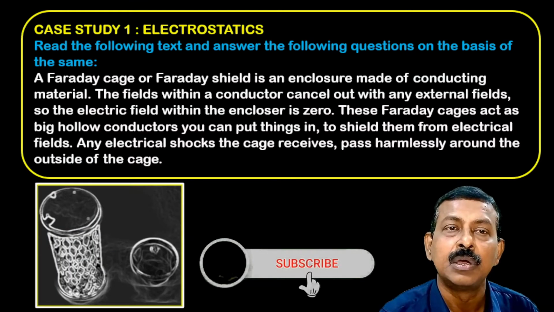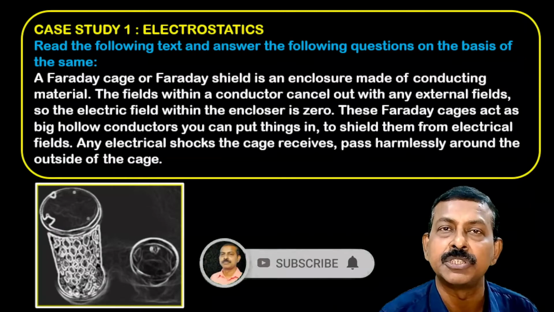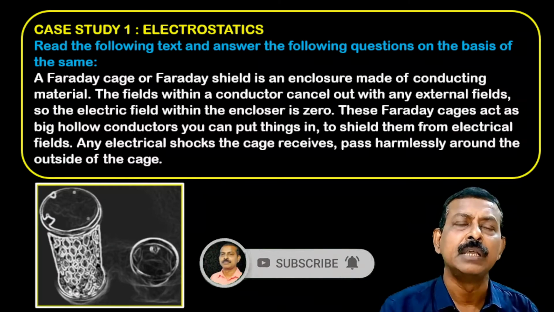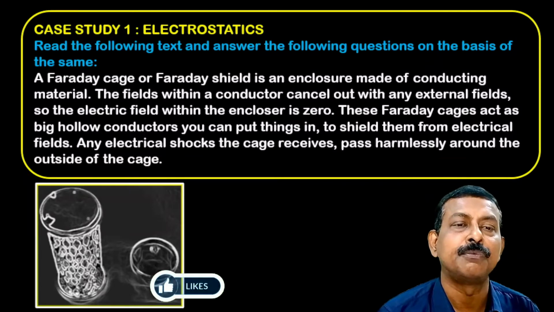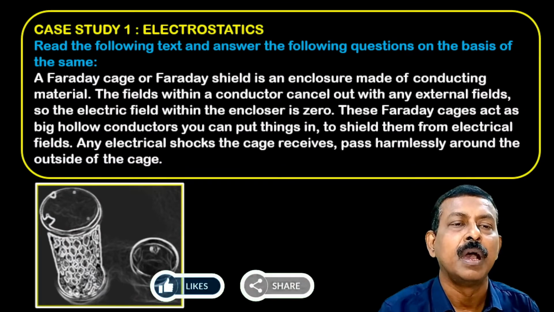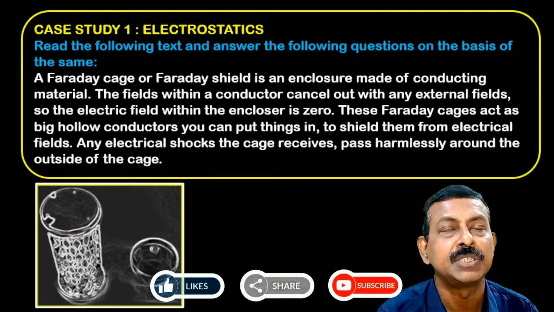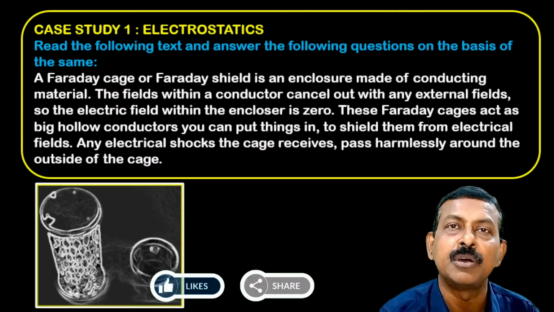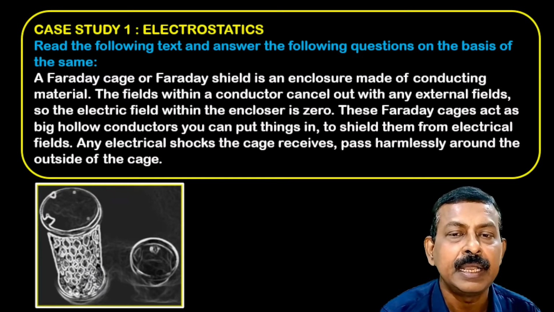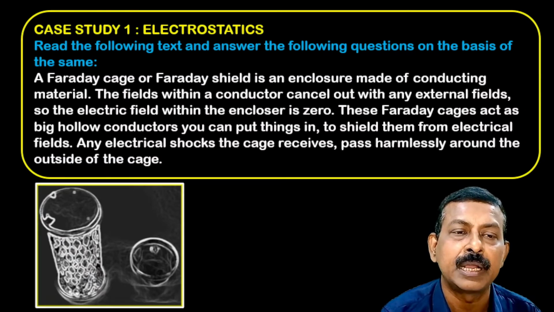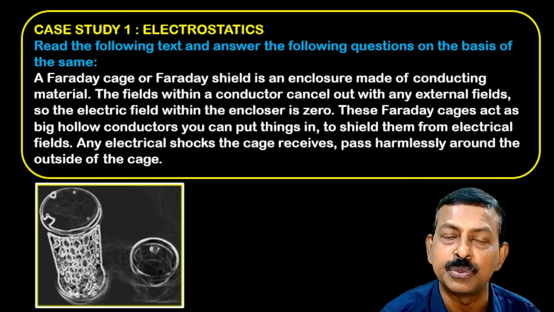Let's take the first case study question on electrostatics. You have been given the passage. So let's see what the passage is. A Faraday cage or Faraday shield is an enclosure made of conducting material. The field within a conductor cancels out with any external field, so the electric field within the enclosure is zero.